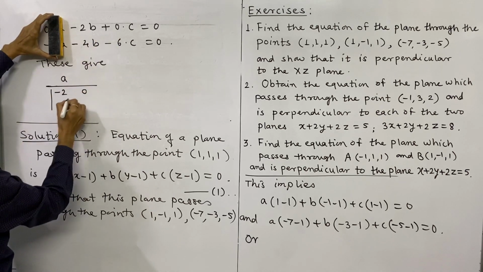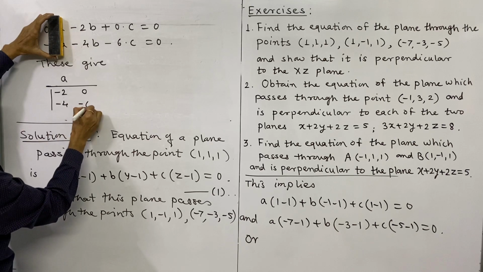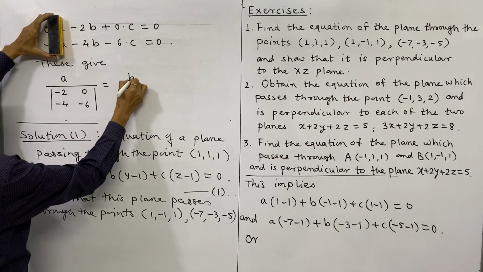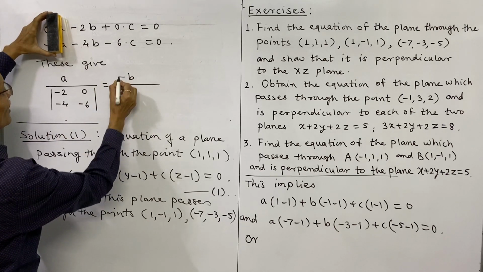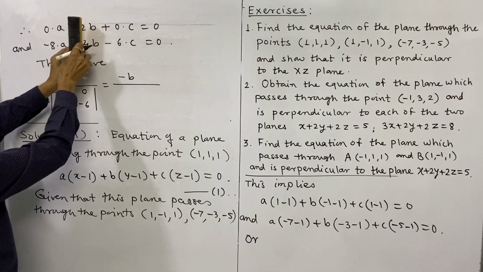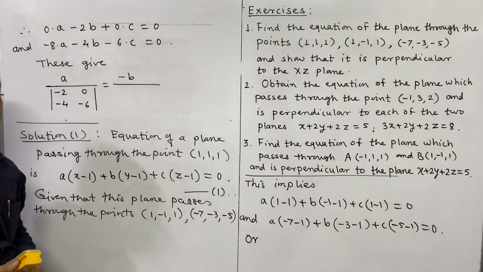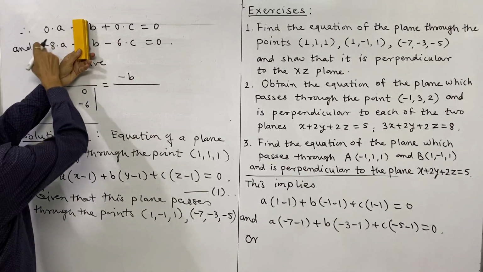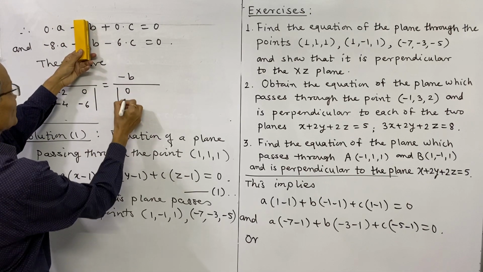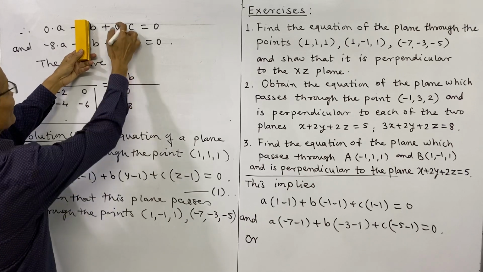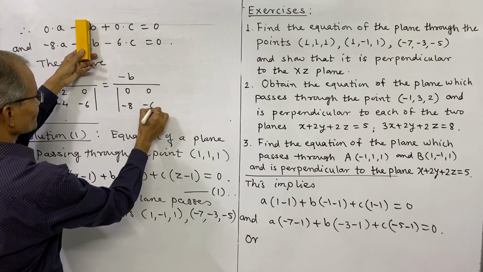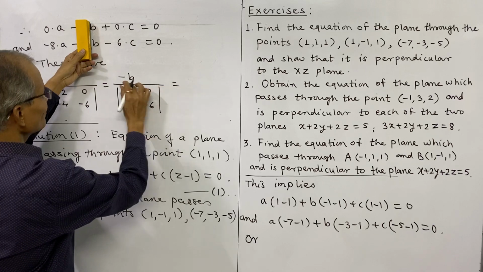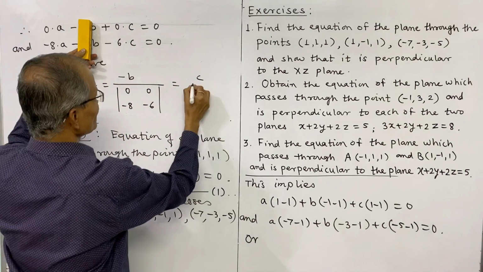-2, 0, -4 and -6, and is equal to b, or that is negative b, and hide this. This second sign must be opposite, we have to note. And if you hide this, then it will be 0 column wise. Column wise we should write 0, -8 and then 0, -6. Only the thing to be noted is this is negative and this is c.